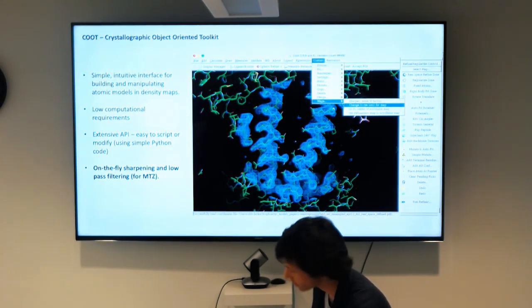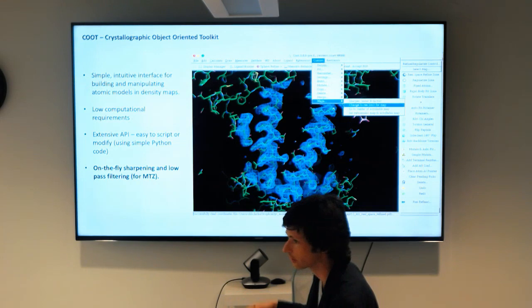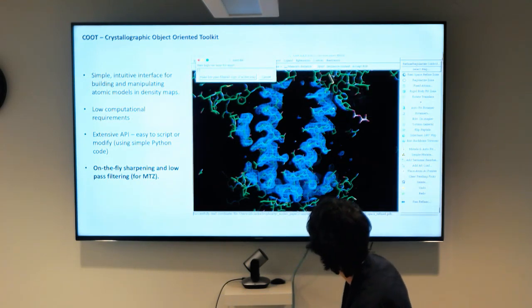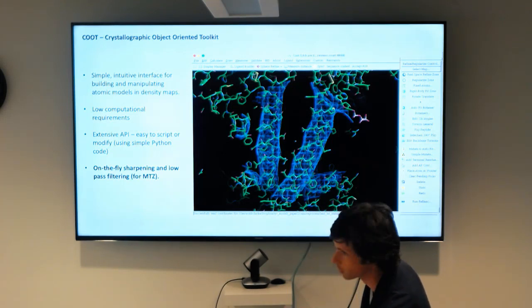And you can also change the resolution limit of the map if you just want a low-pass filter on the fly, like filter it to 4.5 angstroms just to see a particular disordered region or something. That's the thing that you can do. Honestly, the B-factor sharpening is probably the more useful approach for the same thing, but it's always good to have options.